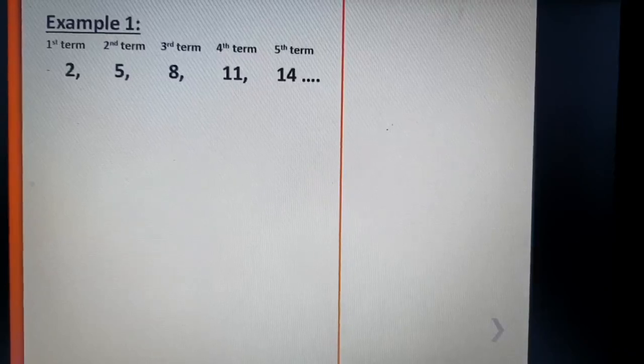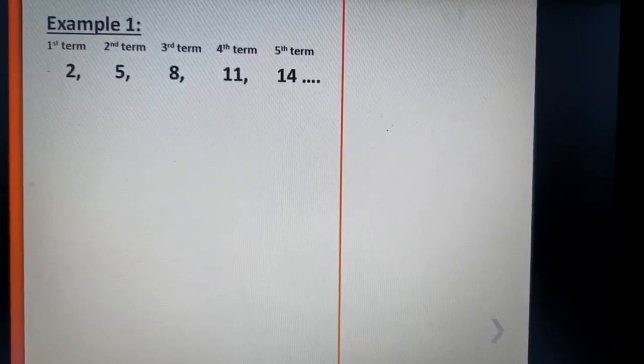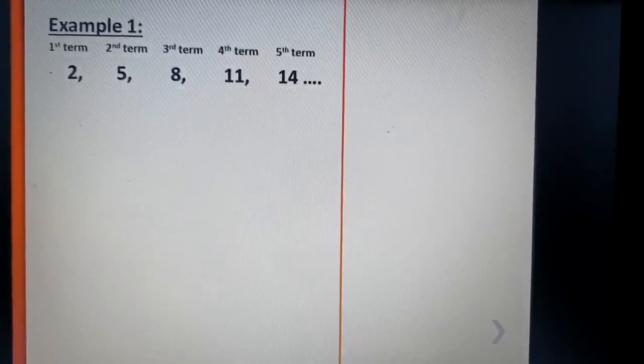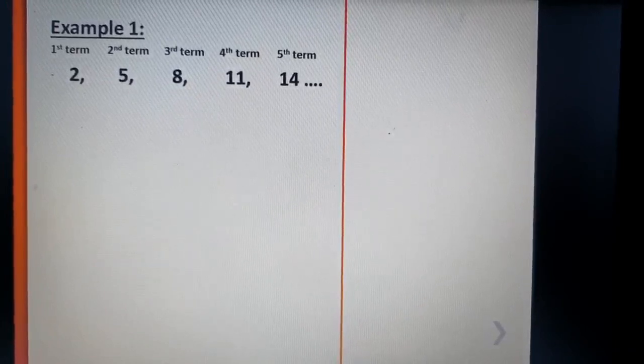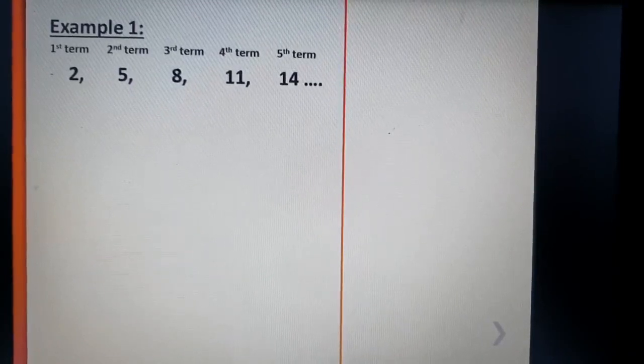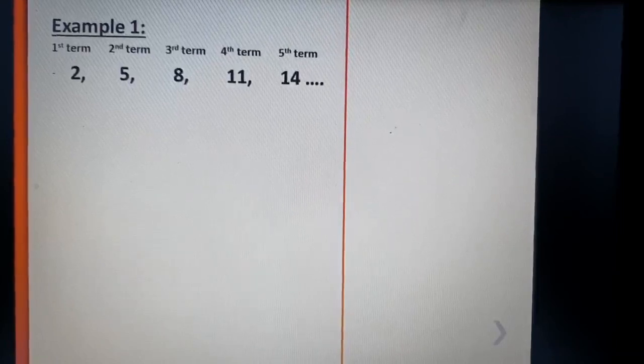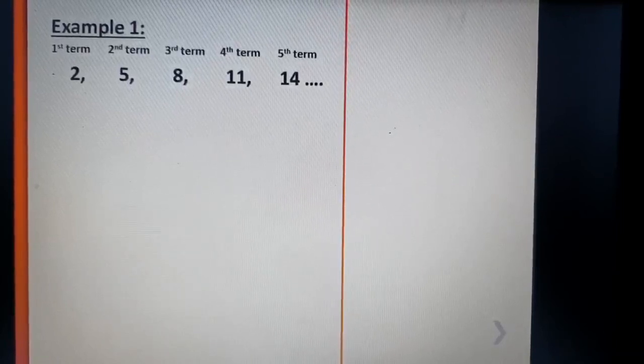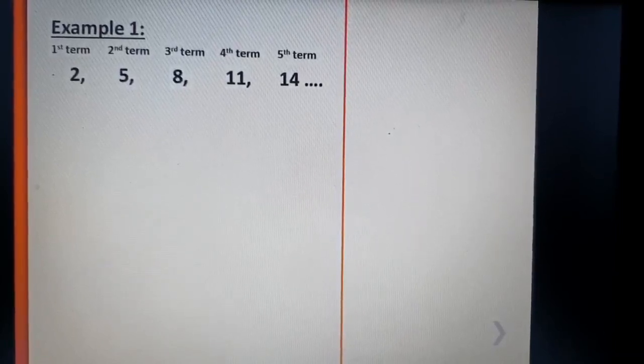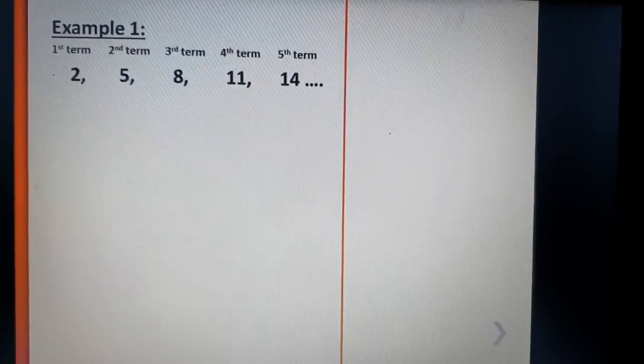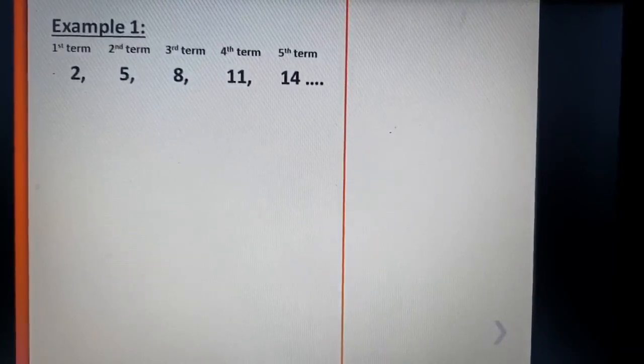Here you can see I have given a number sequence 2, 5, 8, 11, 14, etc. And on the top you can see I have written first term, second term, third term, like that. What's the meaning of that? The first number is called the first term. The second number is called the second term.